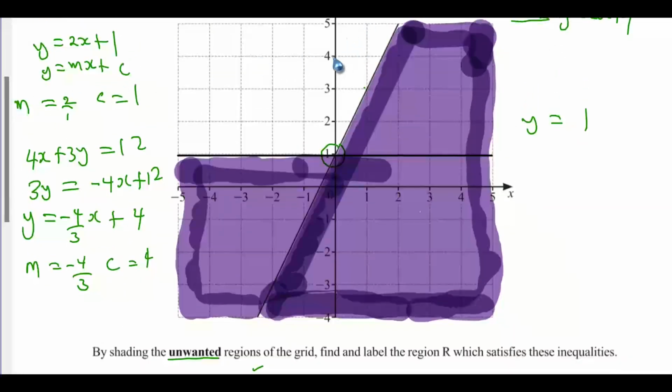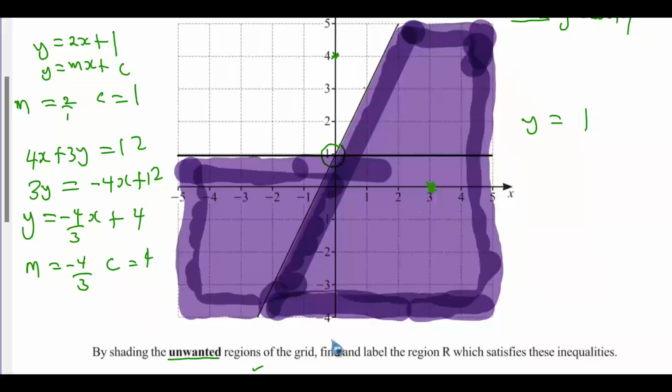There's going to be a point here. Then if you come down 4 times, 1 2 3 4, then move forward 3 times, 1 2 3. There will be another point at x equals to 3, y equals to 0 here. So let's join these two points together.